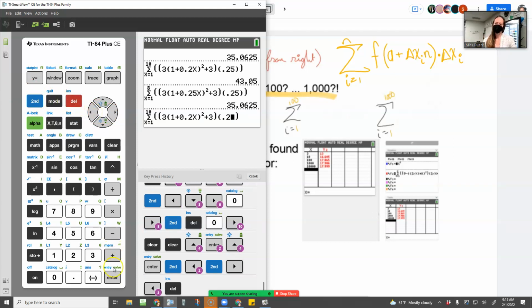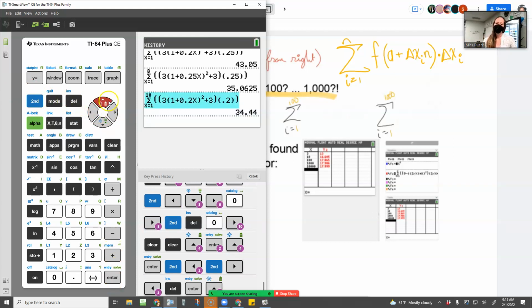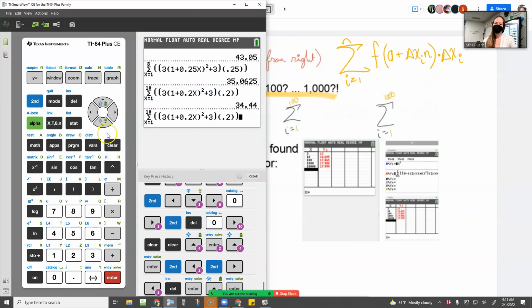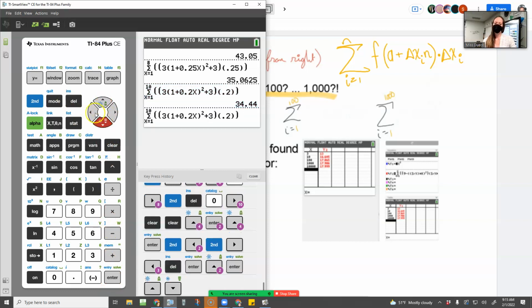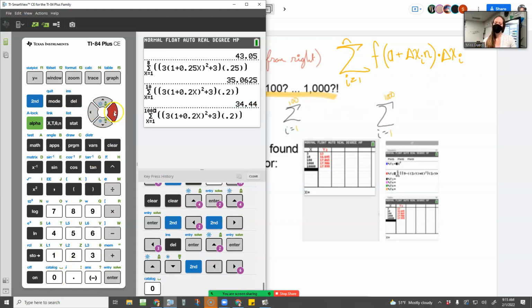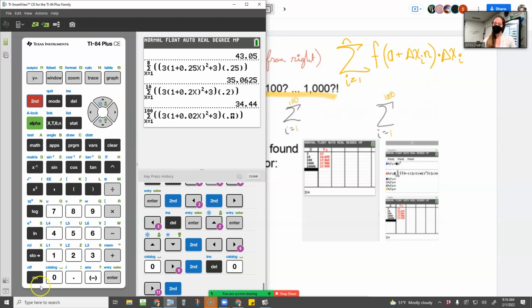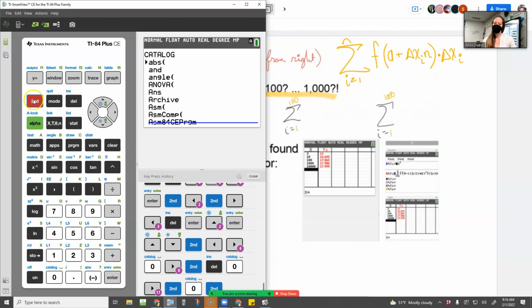Going by 0.2s for 10. There we go. This looks to be more convergent. And then going to 100. Don't worry. This is not something you're going to have to do tons and tons, but it does get you to the idea of what a definite integral is. Now I'm fitting in 100 rectangles. Struggle bus.